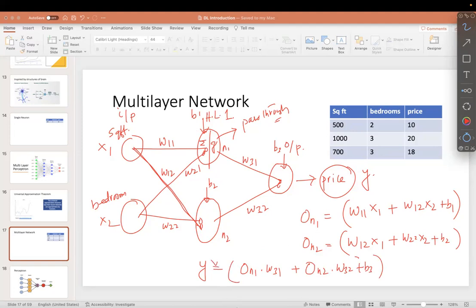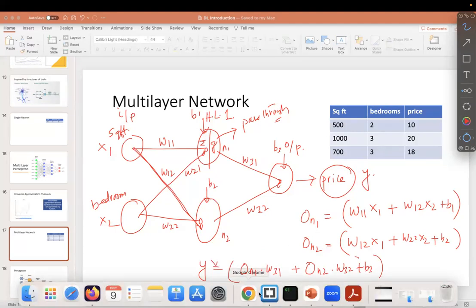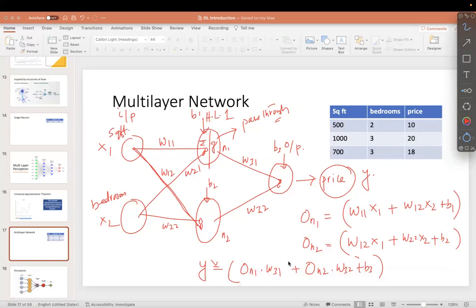That will be my Y value. You see, it's a little more complex than simple linear regression, right? So you're transforming the function to some intermediate outcome, which might represent some inherent information in the house, which now gets transformed into the price itself.